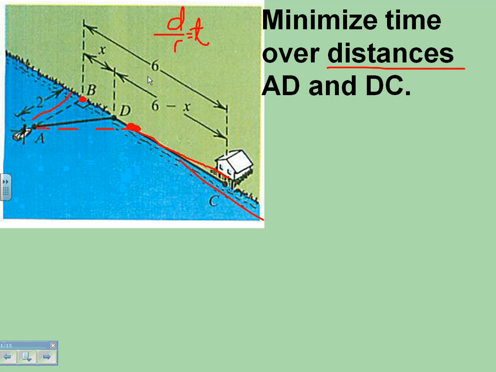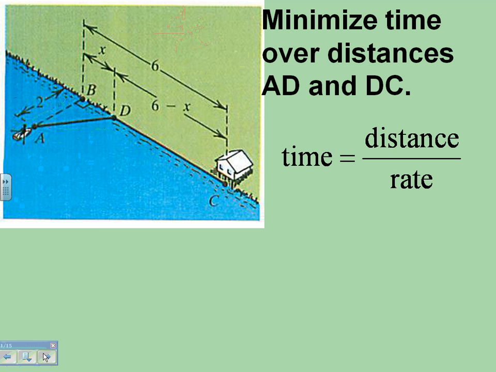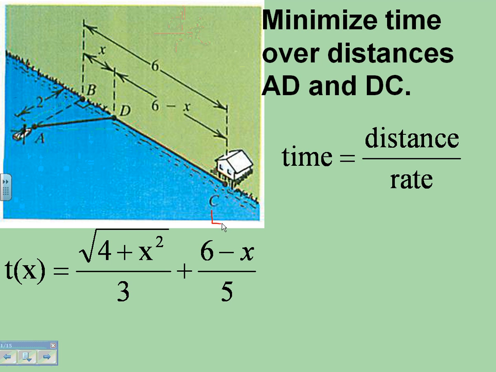So, on this right triangle, this second one represents land, and this represents the water. Okay? Or the rowing and the walking.